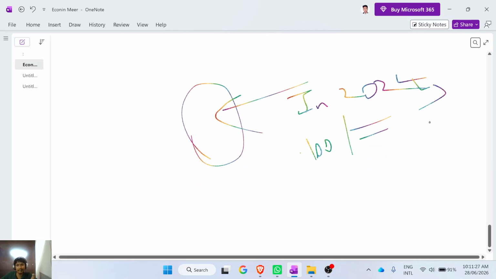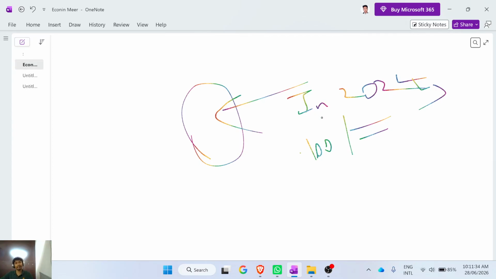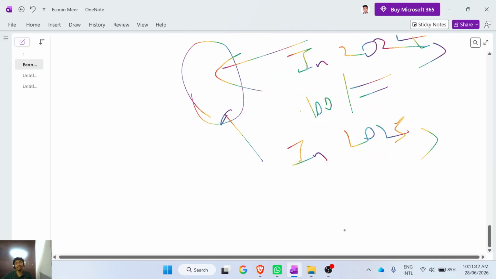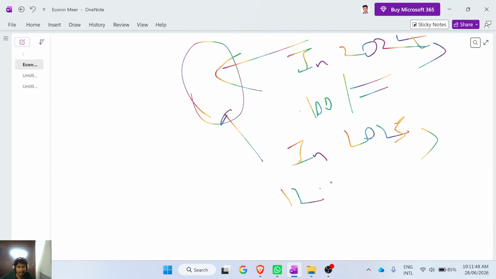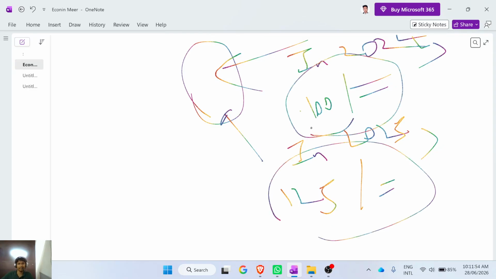This is the GDP of 2024. But we say GDP in percentage. Assume that in 2025 the total economic output of our country is 125 rupees. In 2024 we earned 100 rupees in total.